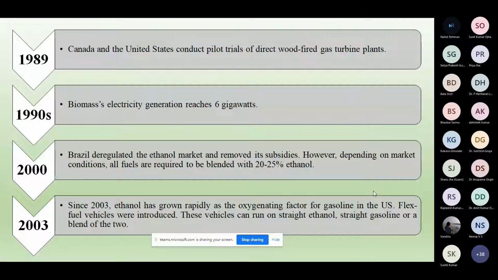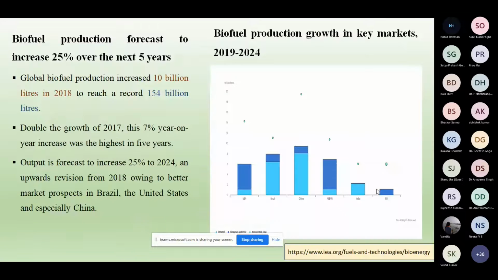Since 2003, ethanol has grown rapidly as the oxygenating factor for gasoline in the US. And by the time flex fuel vehicles were introduced, and these vehicles can run on plain ethanol or plain gasoline, or even a blend of the two.